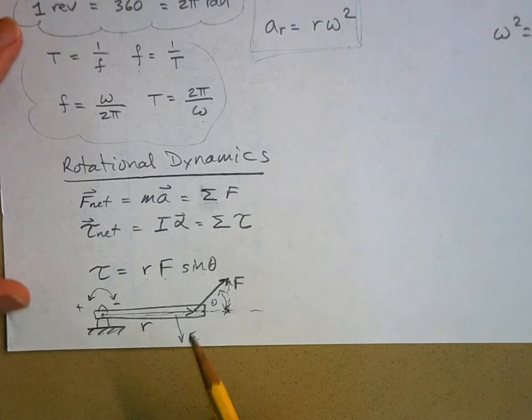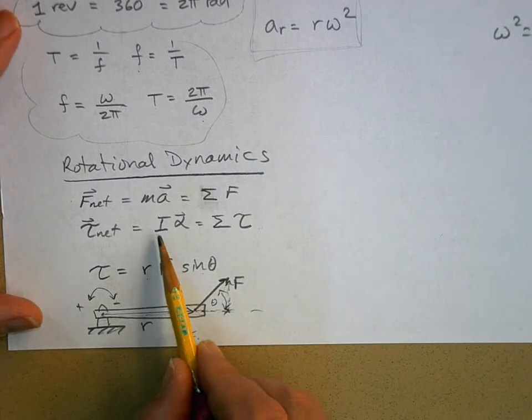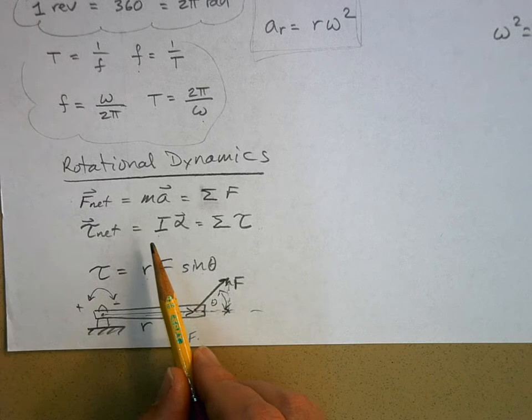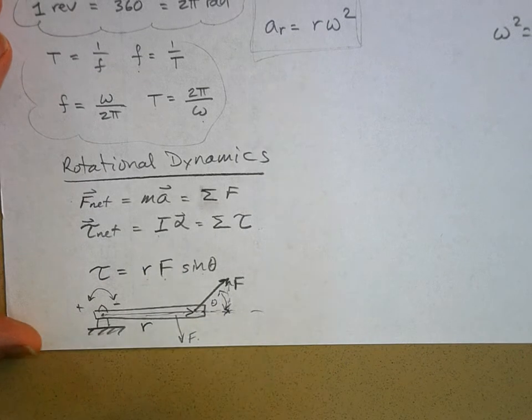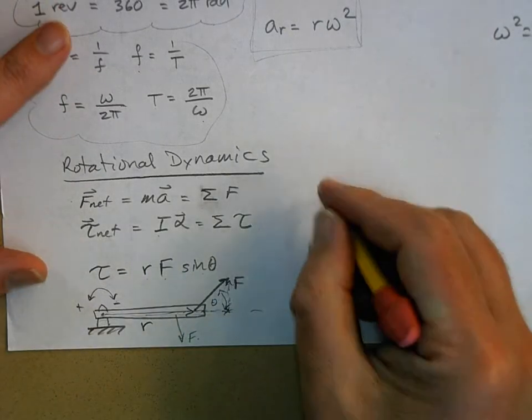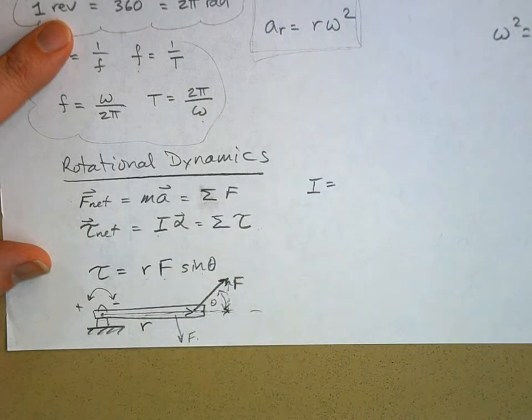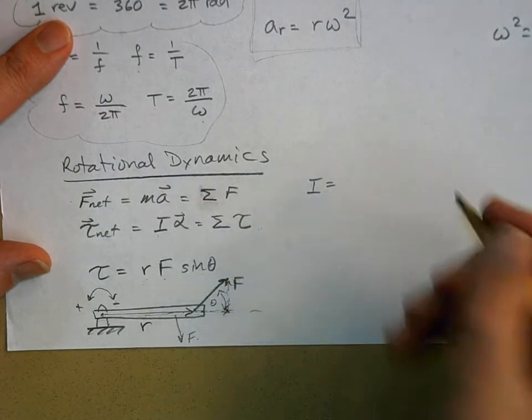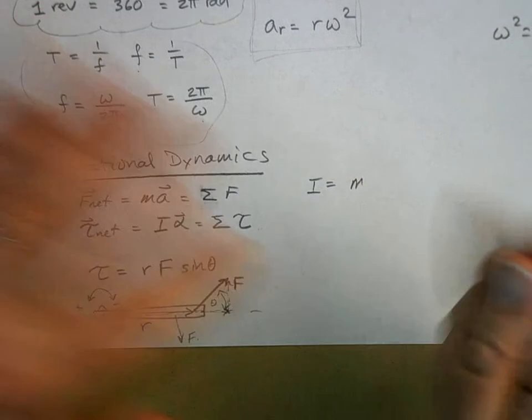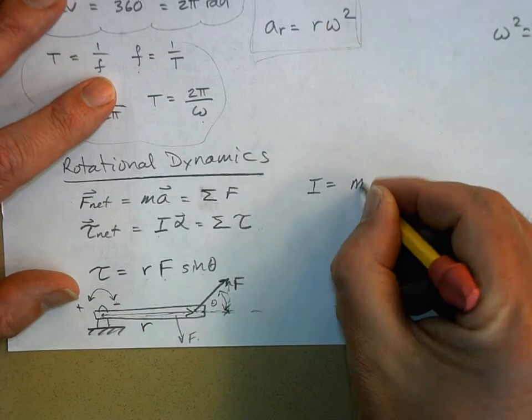Now, in order to figure out what the net torque is, how much angular acceleration you get, you need to know rotational inertia. Now, rotational inertia is defined for one particle as m r squared.